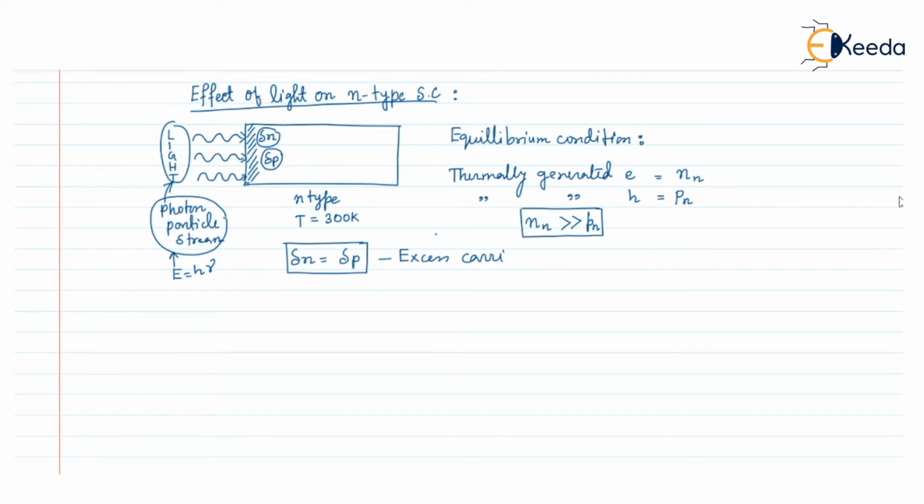This is the excess electron concentration, and this del p is the excess hole concentration. In common phrase, we say it is the excess carrier concentration.